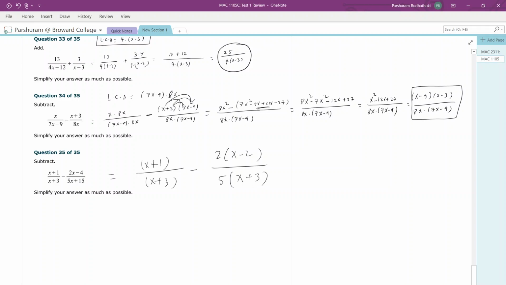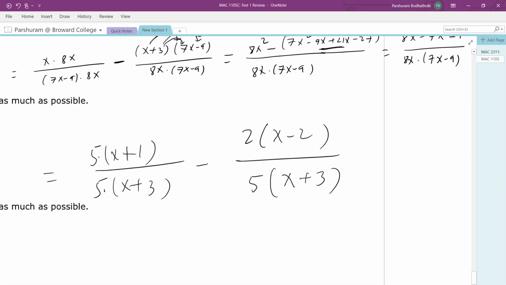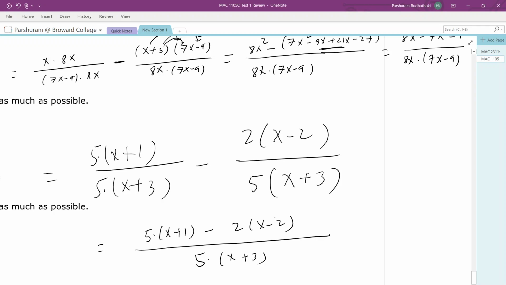So to make the same denominator, the LCD is 5 times x plus 3. So I can make the same denominator by multiplying the first rational expression by 5 on the top and bottom. After that, 5 times x plus 3 is the least common denominator for both of them. So on the top there is a 5 times x plus 1 minus 2 times x minus 2.